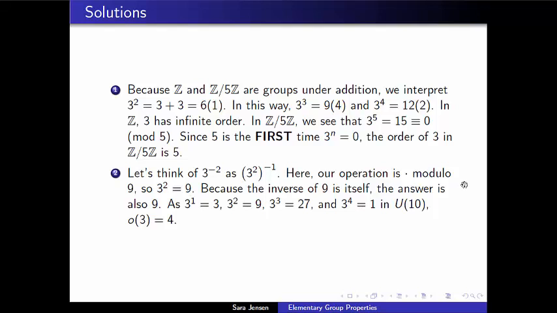If we were looking for the order of the element 3 inside U of 10, what we would do is take successive powers of 3: 3 to the 1st, 3 squared, 3 cubed, and we would continue to look for these values until we reach a value of 1, which is our identity inside U of 10. That happens for the first time when we consider 3 to the 4th power, and so inside U of 10, the order of 3 is 4.